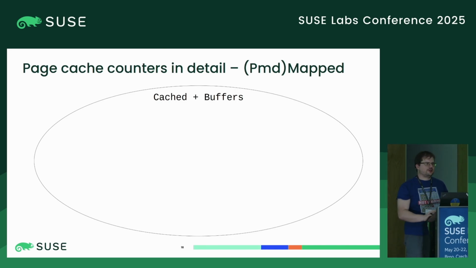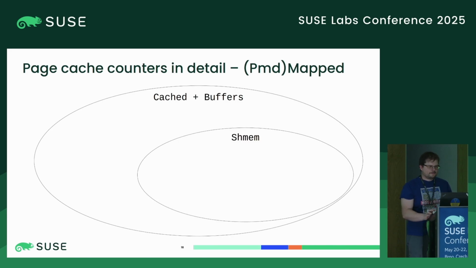But for files, we can track how much is now mapped in some processes and how much is just sitting around, which doesn't actually mean it's not used, because when there are reads or writes, it still makes sense to have those in the page cache that's not mapped, to not need to access the storage.